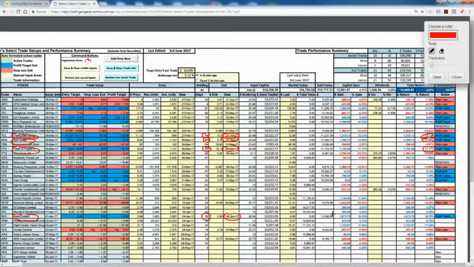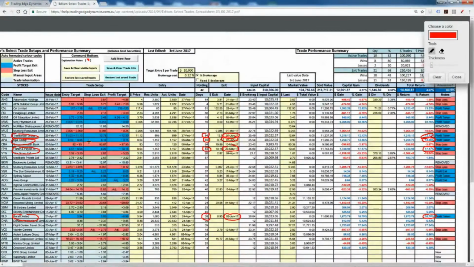Okay, just reading it out to you. TCL entered on the 26th of February, held for 94 days, exited on the 1st of June with a profit of 12.1%, that's $1,200 on a $10,000 outlay.